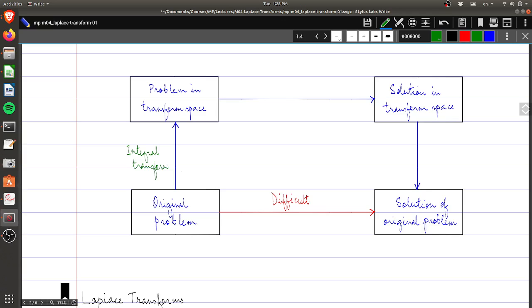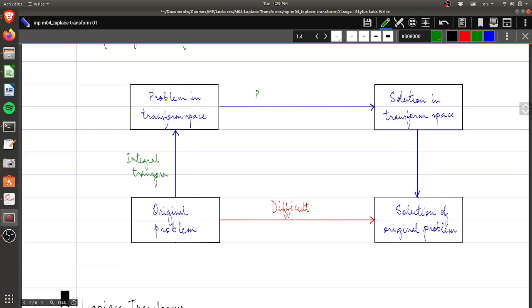Once you are in the transform space, you try to find the solution, just like you have the solution to the original problem here. You try to find what the solution is in the transform space. It turns out this is relatively easier, if your choice of the integral transform is right.